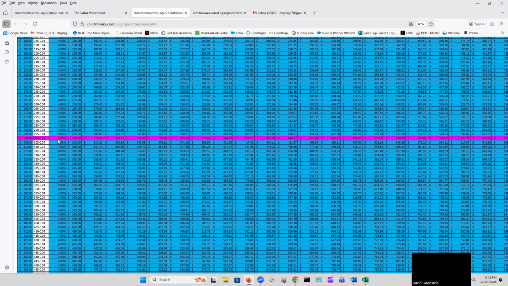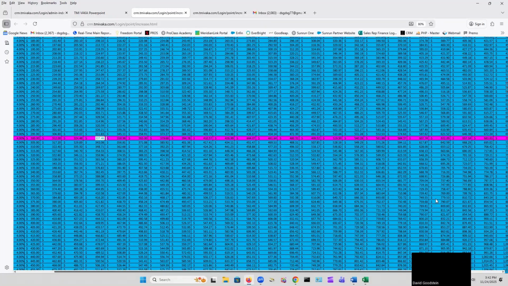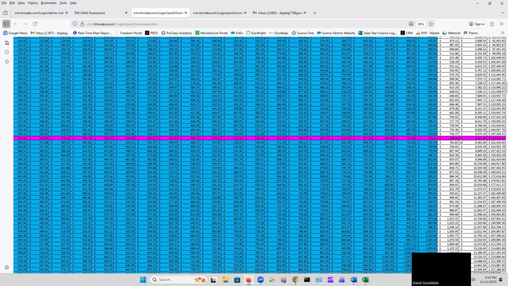Just scroll to the appropriate interest rate, and then once you're in the interest rate, find the exact monthly amount that you're looking for. You can see the first year it's $300 a year, followed by 312, 324, 337. If you extend it out, in year 25, the payment is $768.